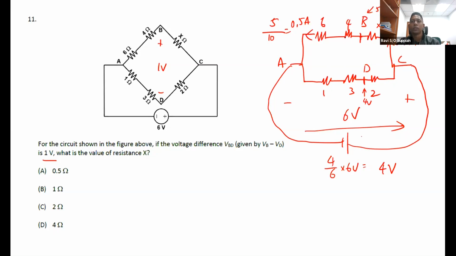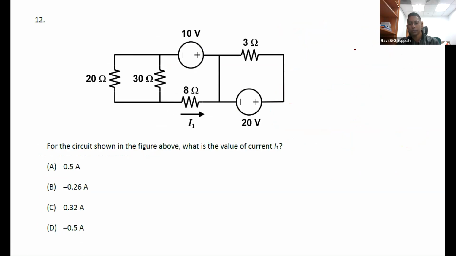Okay, so since we have calculated that the current is 0.5 ampere and all these are in series, the same 0.5 ampere also goes through resistor X. All right, and since we know that the total voltage is 6 volts, if 5 volts has already dropped across this 6 ohm and 4 ohm, the remaining is only 1 volt here.